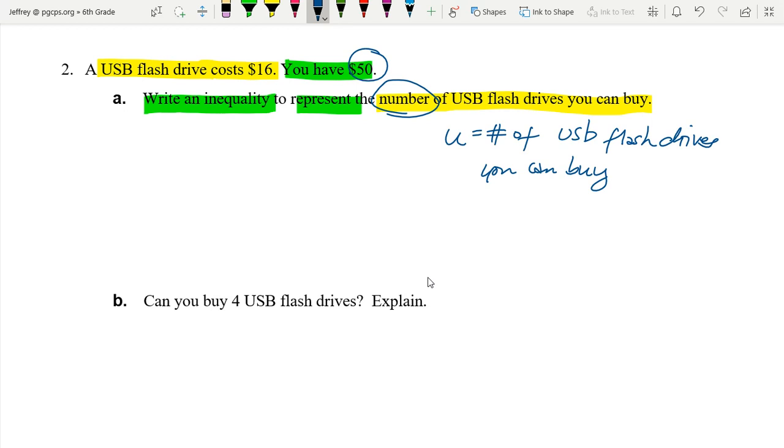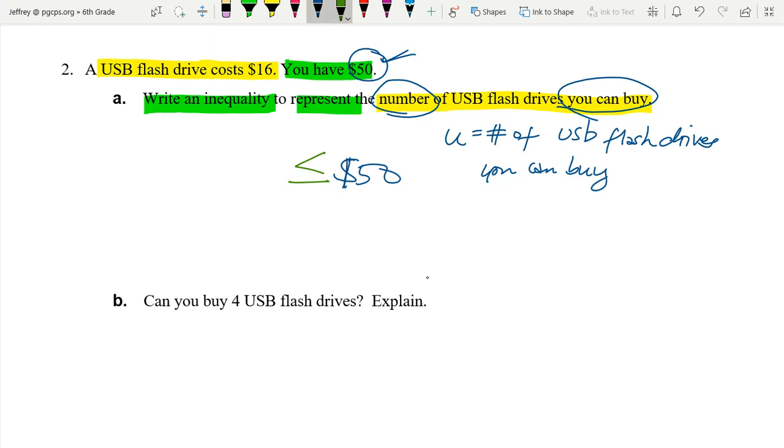So let U represent the number of flash drives that you can buy with 50 bucks. With the money you have, $50, what does that mean you need to spend? Exactly, you need to spend less than or equal to 50 bucks. You can't go to the store and buy something worth $100 when you only got 50 bucks. They're going to kick you out.